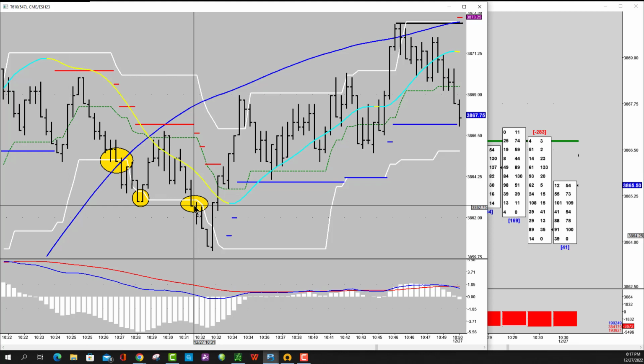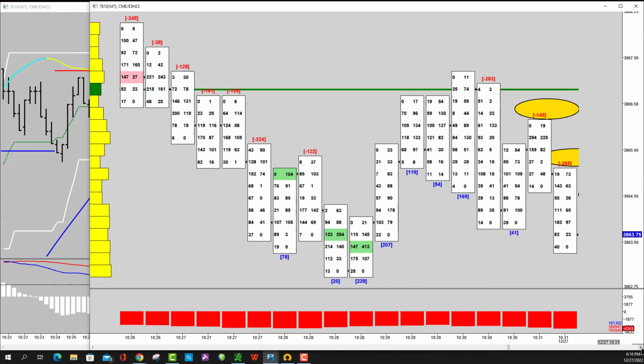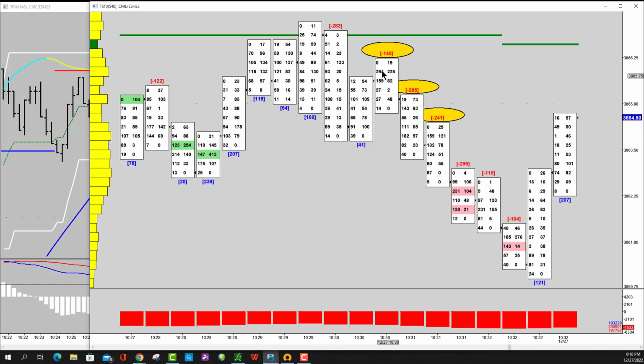Now this one here is also important. This one is an absolutely no way. And I even highlighted the net deltas on them. So we went from negative 145, almost doubled in bearishness, to negative 285. That should tell you something. If you're short, you're very happy.